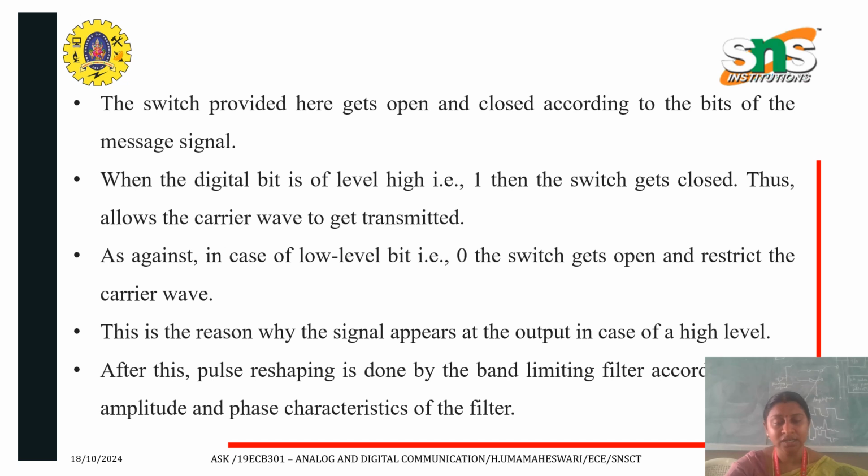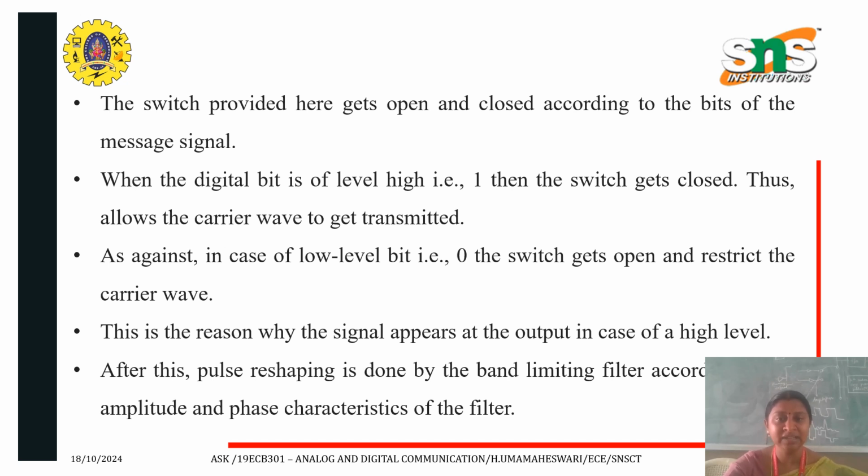When the digital bit is of level high, that is 1, the switch gets closed. This allows the carrier wave to get transmitted. As against that, in case of low level, that is 0, the switch gets open and restricts the carrier wave. This is the reason why the signal appears at the output in case of a high level.